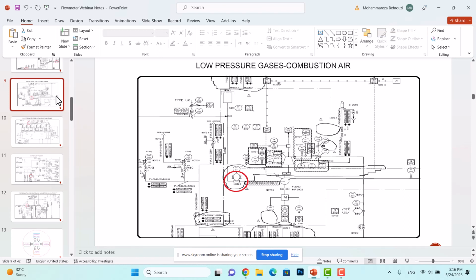So the function of this FD fan is to blow air to the fire heaters, and since the inlet pressure of the combustion air to this FD fan is very low, it is really negligible, we are supposed to use the Venturi type.